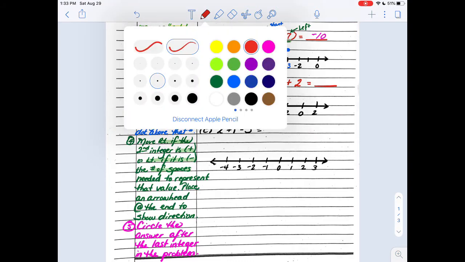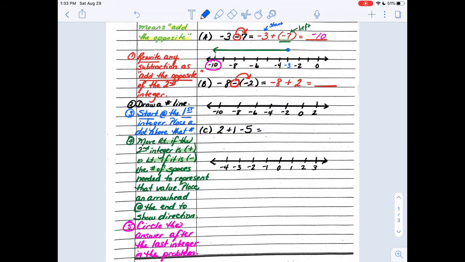Now, just like we always do when we're modeling on that number line, we're going to start with our first integer, which is negative 8. Now be careful, because like I told you, look to see how they're counting. And each line here actually looks like it's 2. So don't let them confuse you on that. So we're going to start at the negative 8, which is right here. So I'm going to put that dot straight up above it.